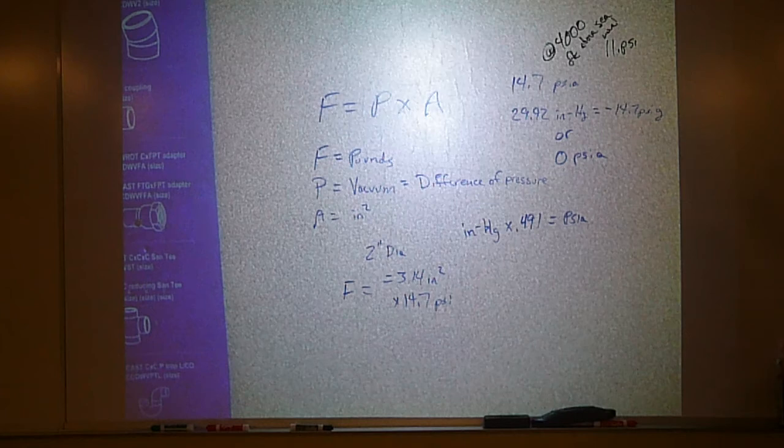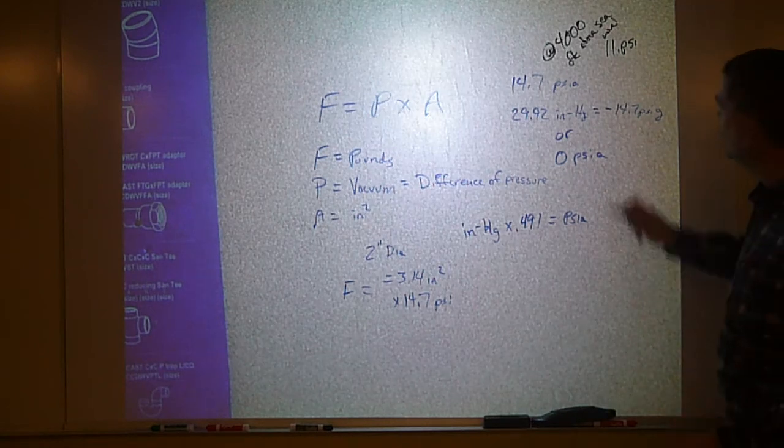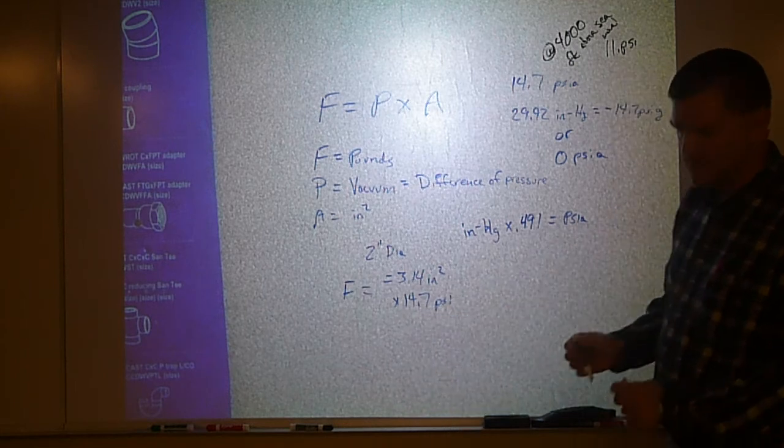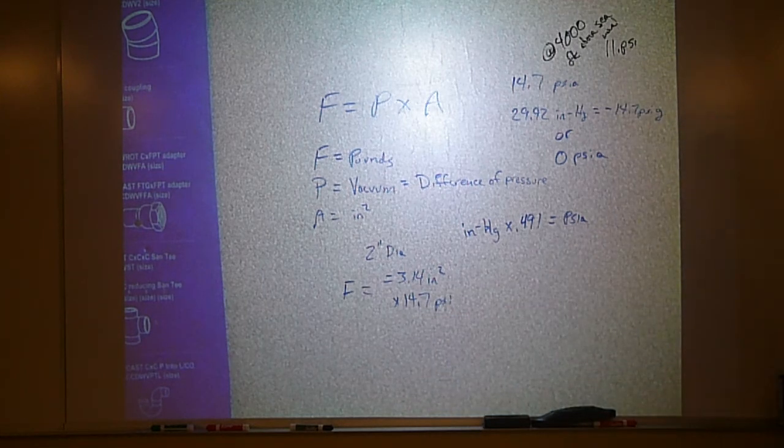So if it's 11 psi, you can only make 11 psi of force, which is going to drop that down. So your vacuum generator effectively makes less vacuum at higher elevations, or lower atmospheric pressure.